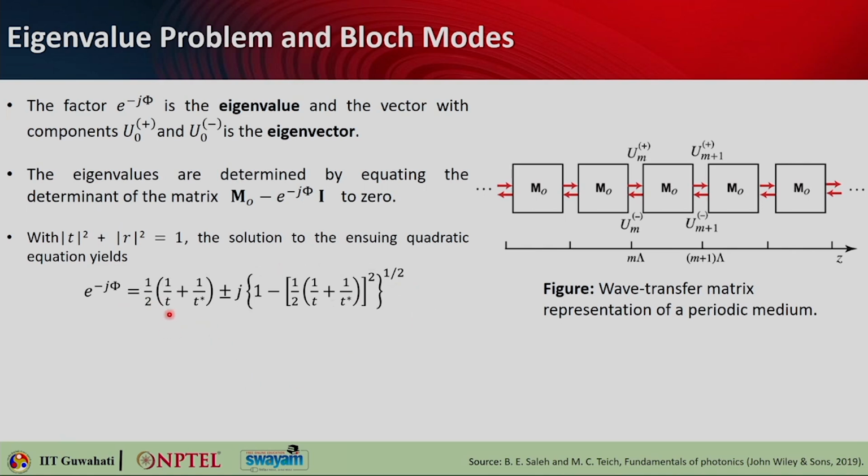So, you have this transmission coefficient, also its conjugate, and this is the value that you obtain. If you separate it into real and imaginary parts on both sides, you can find that cos phi can be written as the real part of 1 over the amplitude transmission coefficient, so real of 1 over t. So, keep this equation in mind.